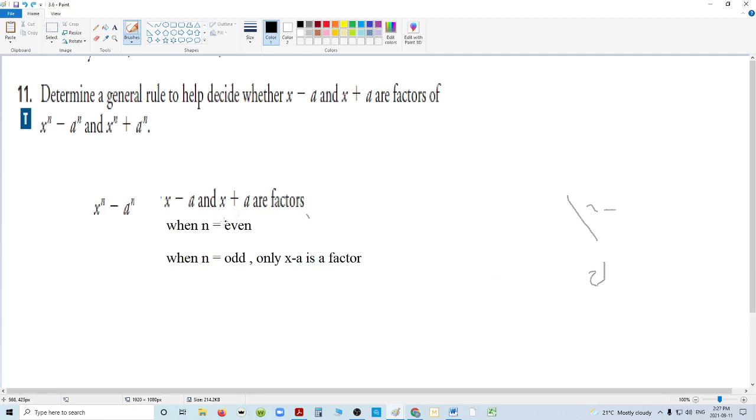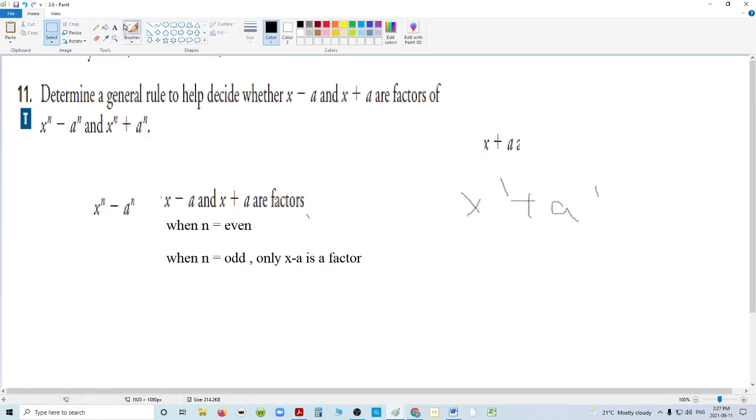Then I'm going to go out on a limb and say for x to the n plus a to the n, we're only going to get x plus a as a factor. But let's try a practical analysis. When it's just x to the 1 plus a to the 1, we discover that only this is a factor.